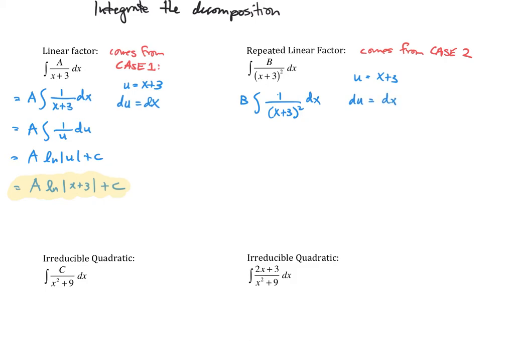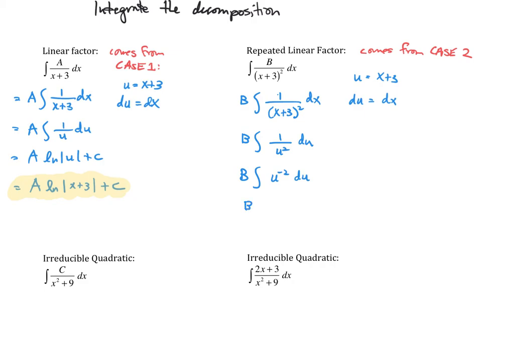So when I make my substitution, I'm going to get b times the integral of 1 over u squared du. Really, I could write that in exponential form. So this is b times the integral of u to the negative 2 du. And we know to find the antiderivative, you add 1 to the exponent.